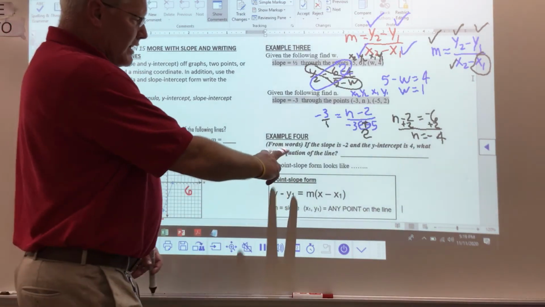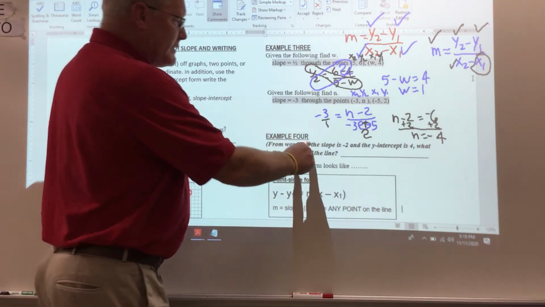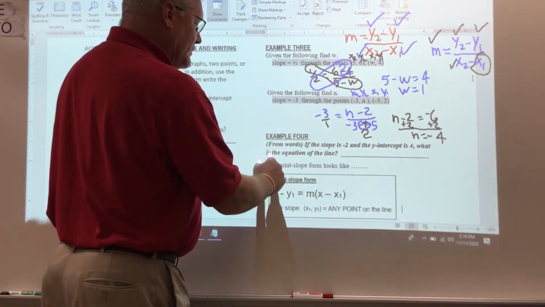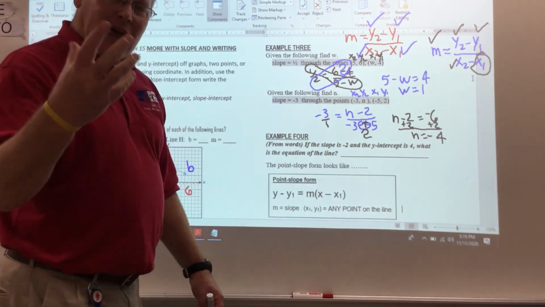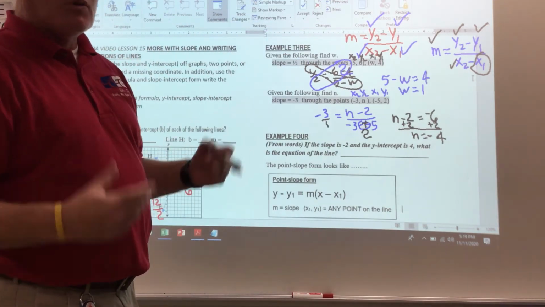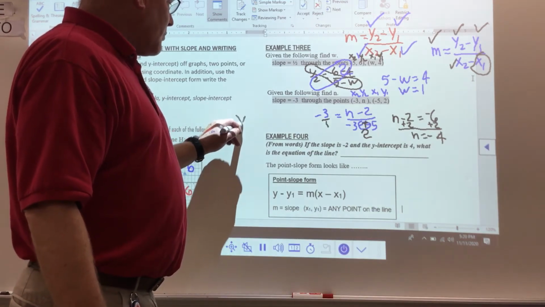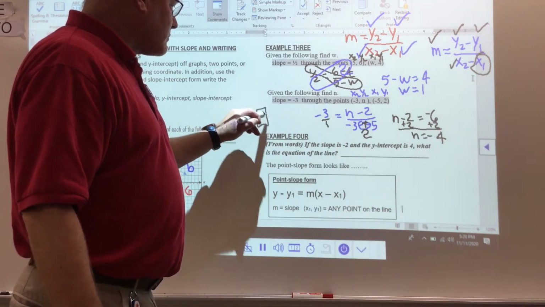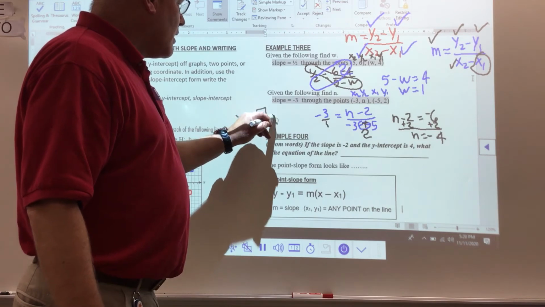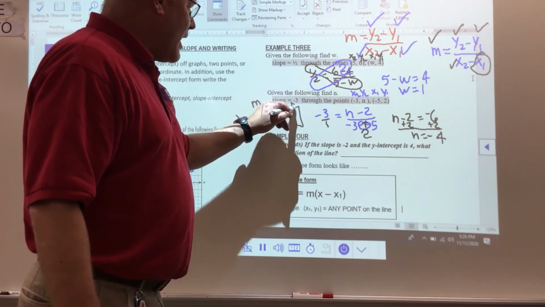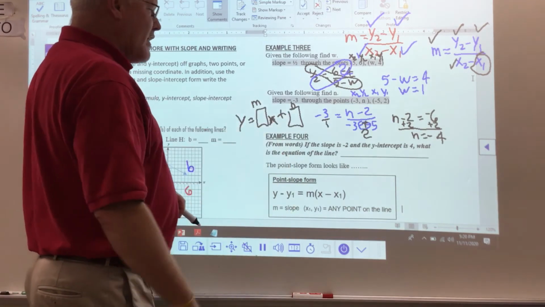So let's talk about example 4. It says if the slope is -2 and the y-intercept is 4, what is the equation of the line? Now remember the last lesson, we were just sort of dropping the slope and the y-intercept in a formula, y equals mx plus b, so we sort of wrote it this way. Something m in front of the x and something b behind it, and we just had to drop those two values in.